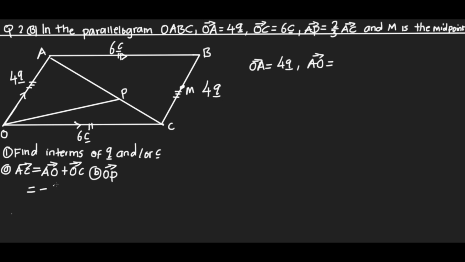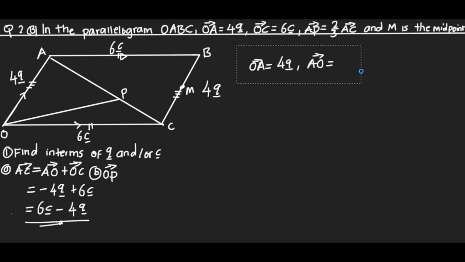So this becomes negative vector 4q plus c. Then for OC, this is just toward the arrow, so I'm going to just take the number the way it is. Then our final answer will be 6c minus 4q. So that is our final answer.